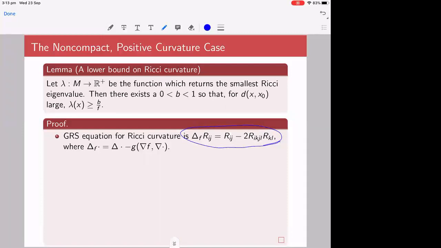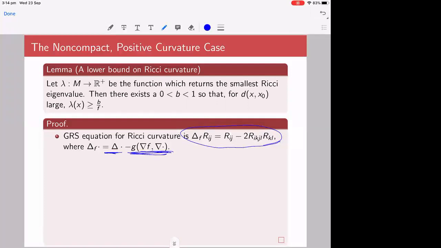So even though there's no time here, I know how Ricci solitons evolve under the Ricci flow. So that means I can exchange that heat equation for the Ricci curvature with a more elliptic version. And it turns out that the correct elliptic version is this one here. So the left-hand side is the f Laplacian of the Ricci curvature, where the f Laplacian is just your rough Laplacian minus this transportation term here.